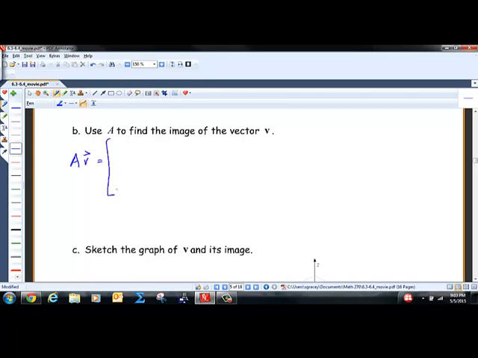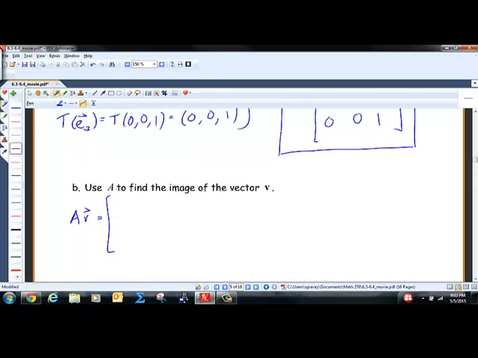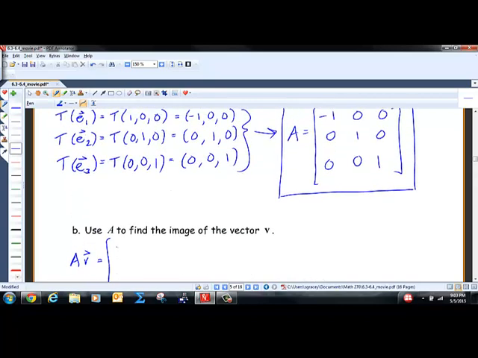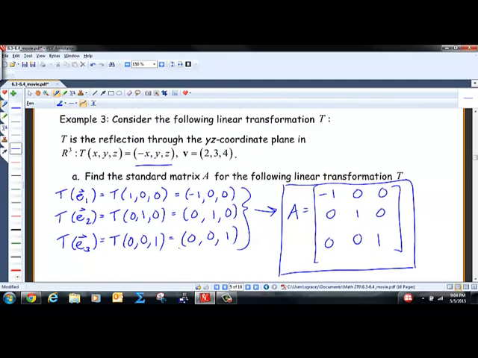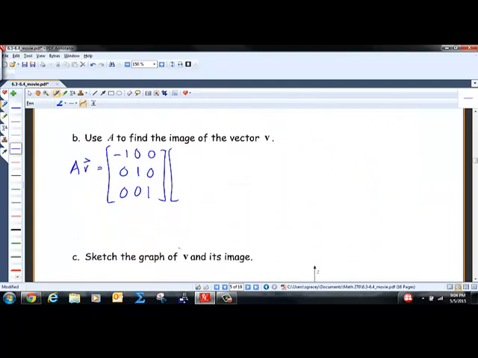So A, remember, was this diagonal matrix here, so we have negative 1, 1, and 1 on the diagonal. And then our vector v, if you come up here, is just 2, 3, and 4.